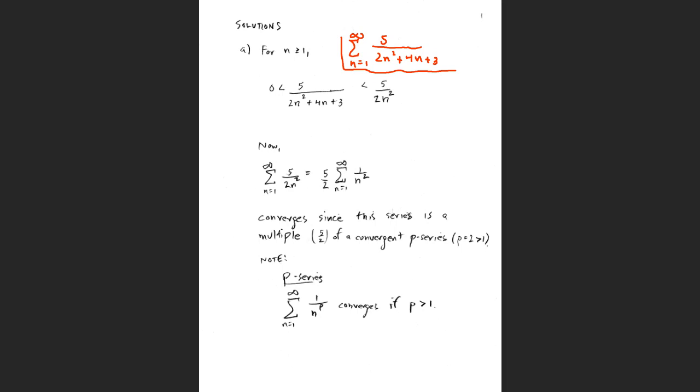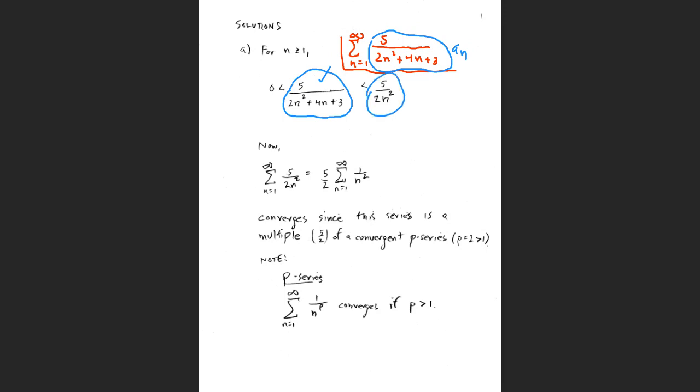And of course, the 5 over 2n squared plus 4n plus 3, that's my term of the series. I'm going to look at that term, which is complicated, but I can say, hey, that term is less than 5 over 2n squared. Certainly 5 divided by 2n squared plus 4n plus 3 would be less than 5 over 2n squared.